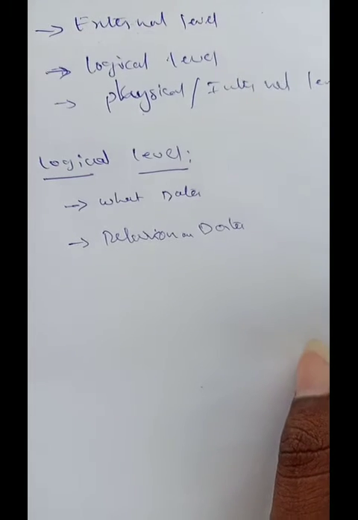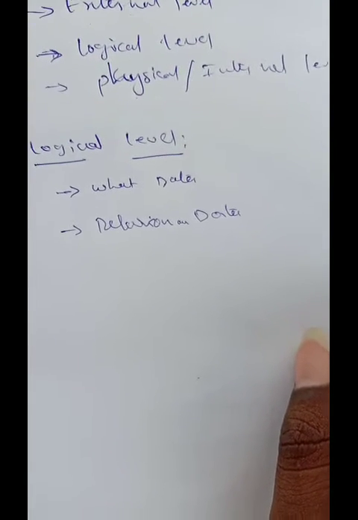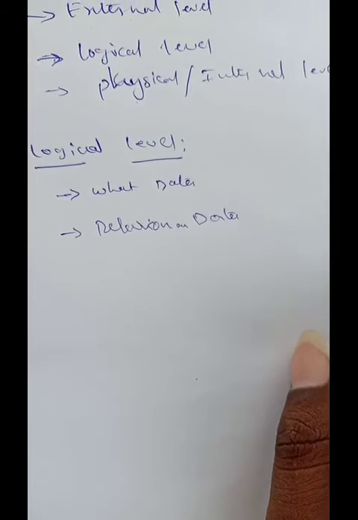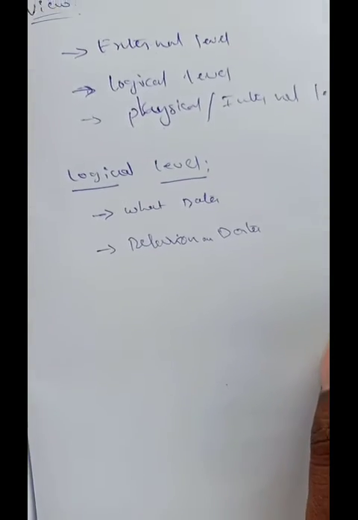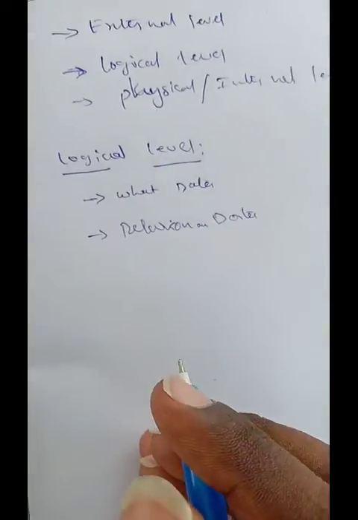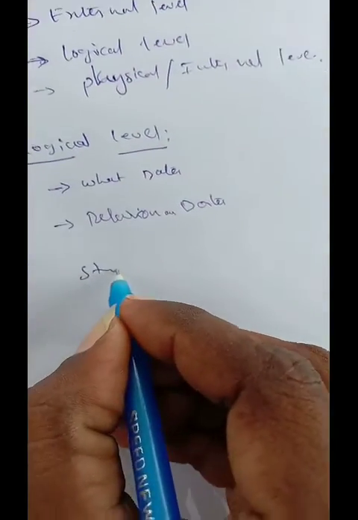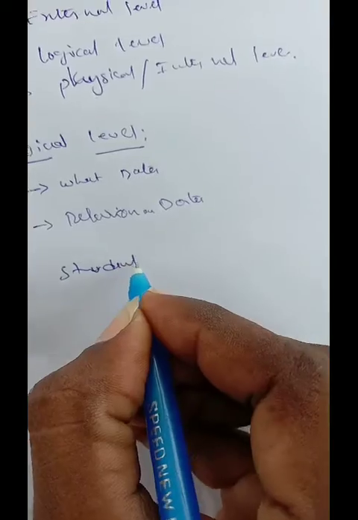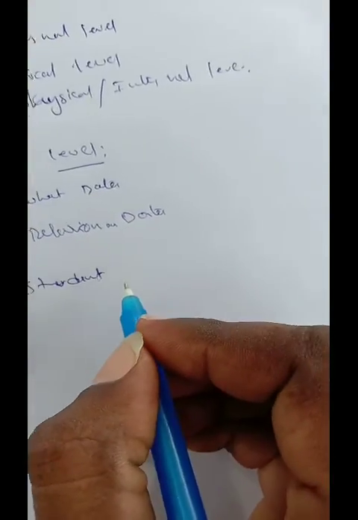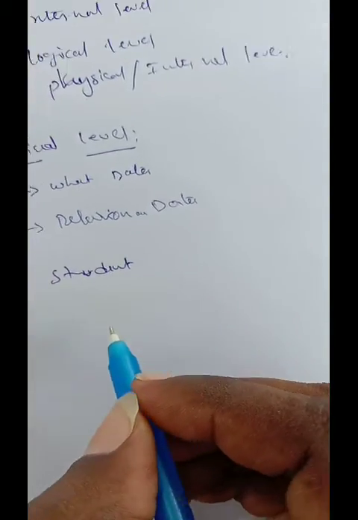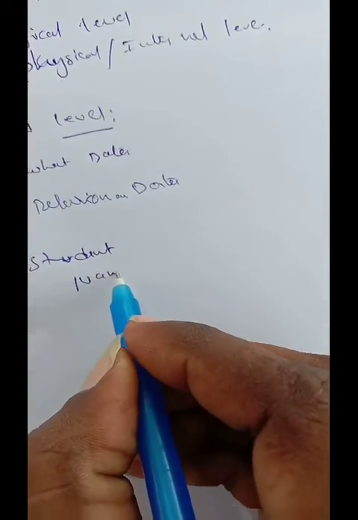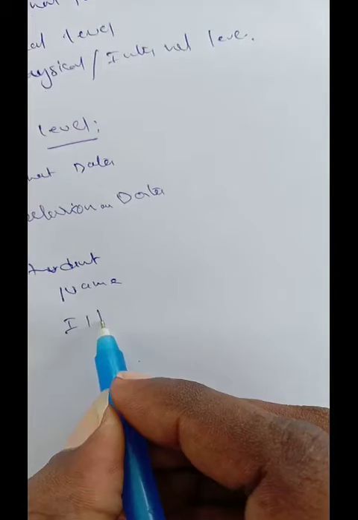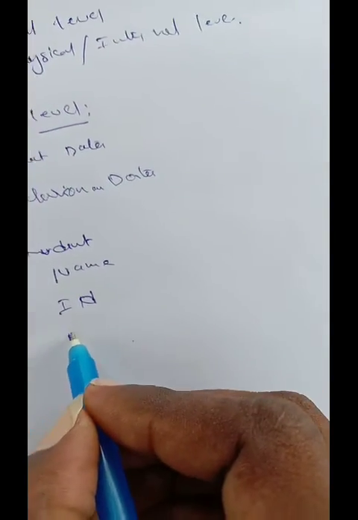Coming to the relations on data, we have relations regarding the data. For example, consider the student details. Student details have different fields like name, ID, marks.